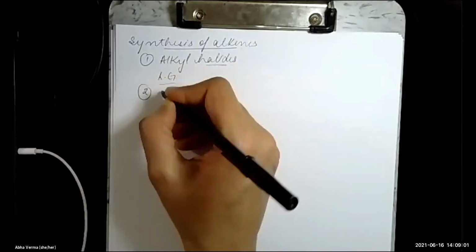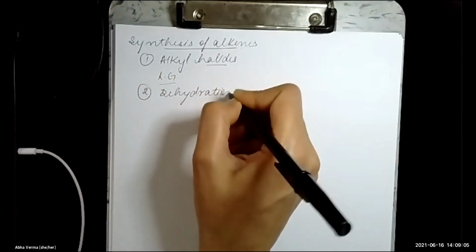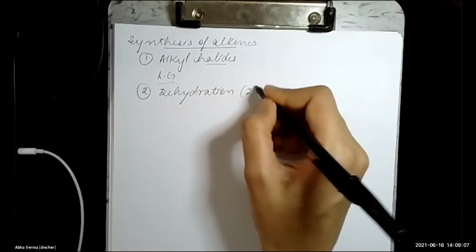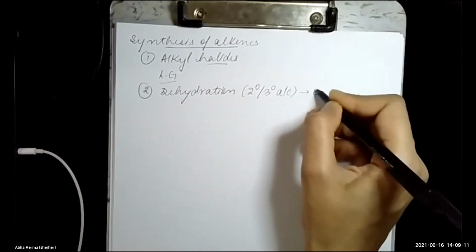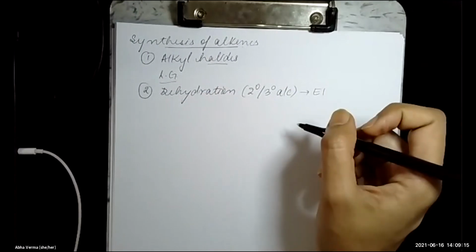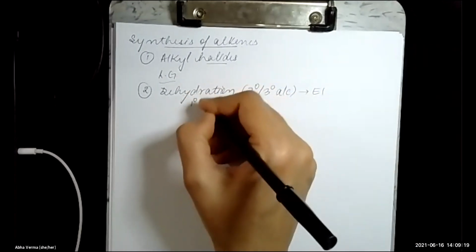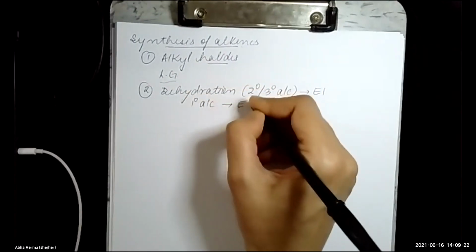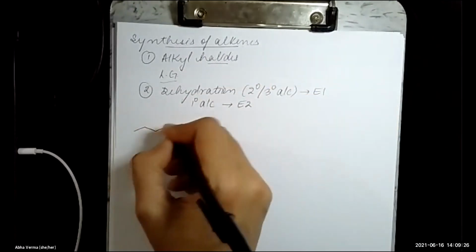The other method is by dehydration. From secondary and tertiary alcohols, doing the E1, we can get the alkene, and from primary alcohols, we do the E2 elimination.